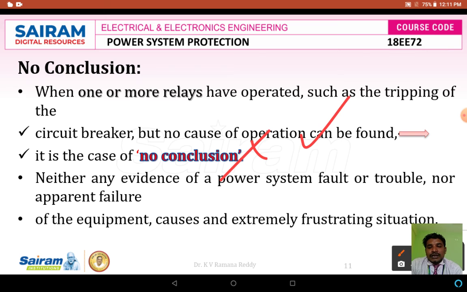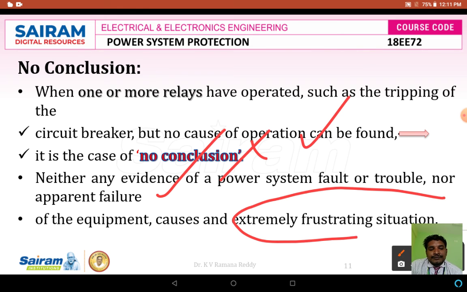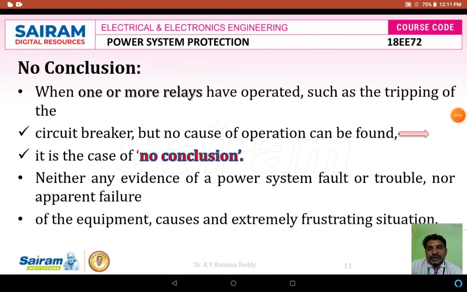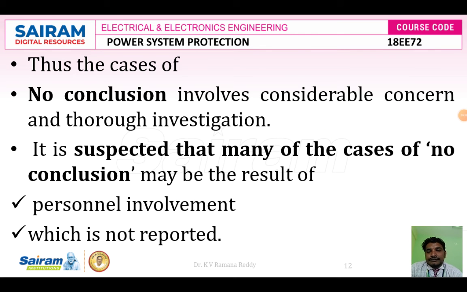So neither any evidence of a power system fault or trouble nor apparent failure of the equipment causes this extremely frustrating situation. Hence that kind of study is called no conclusion operation.